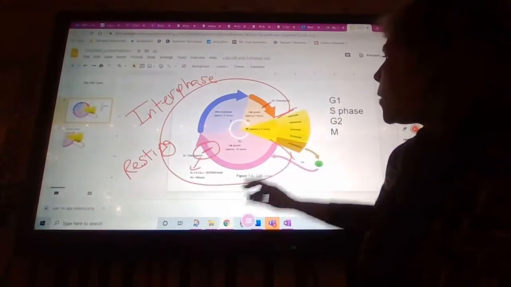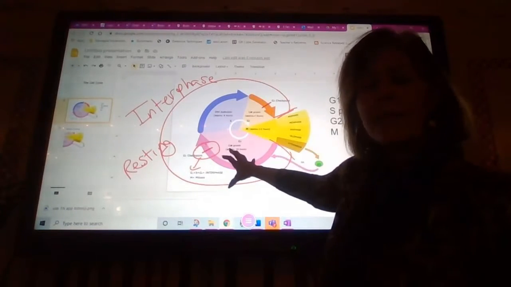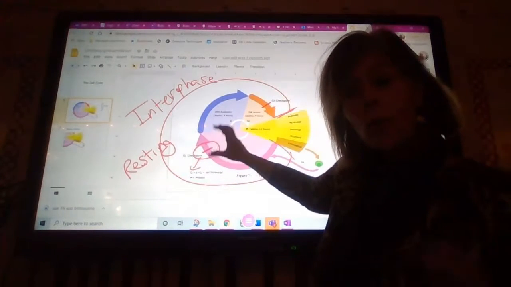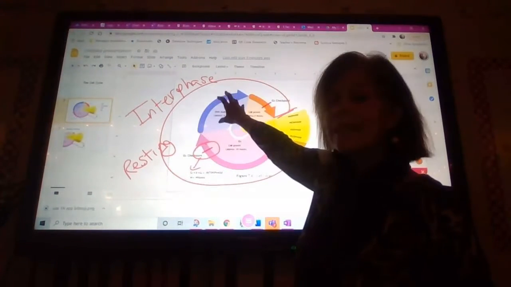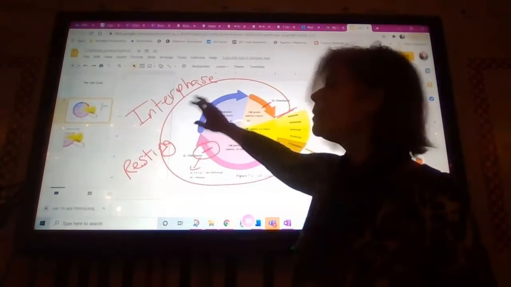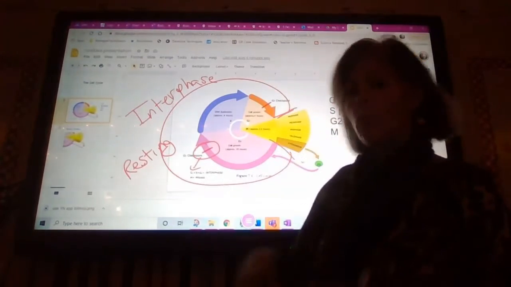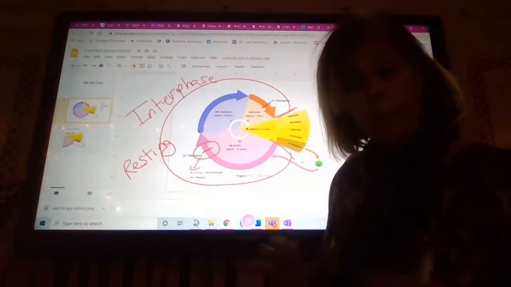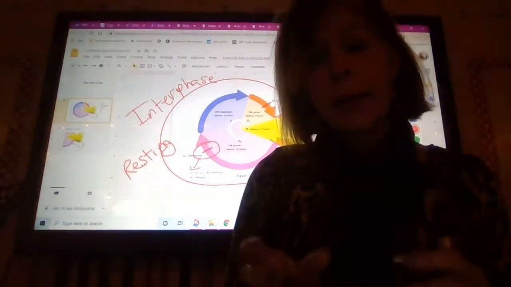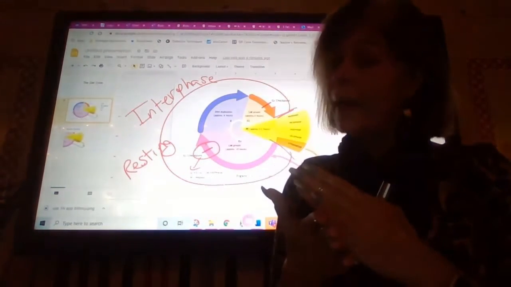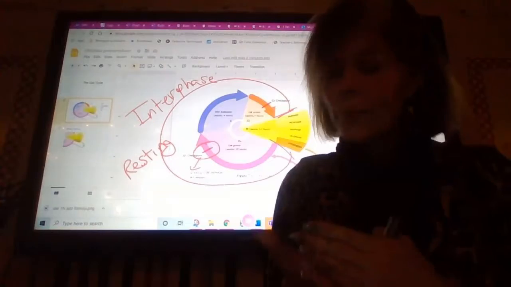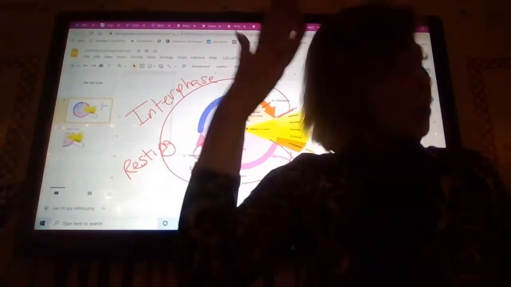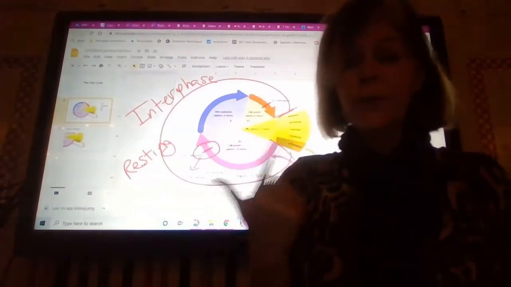Okay, so we have gap 1, which is growth, then the synthesis phase, S, and then gap 2, which is more cell growth. And there's another checkpoint. Before the cell starts dividing, there's another checkpoint. Say, hey, are you ready? Cancer cells once again go, later, I am going to divide.